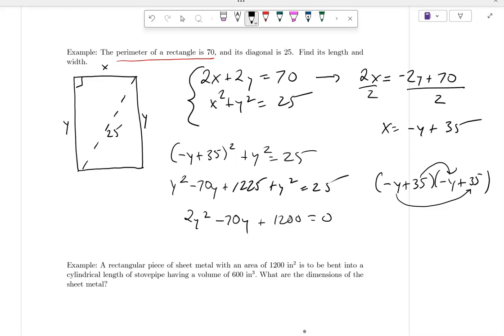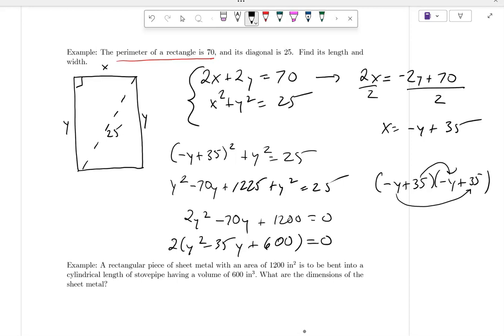Everything has a 2 in it, so I can factor out a 2. So you get y squared minus 35y plus 600. So far, so good. Okay. Hopefully we can factor this.